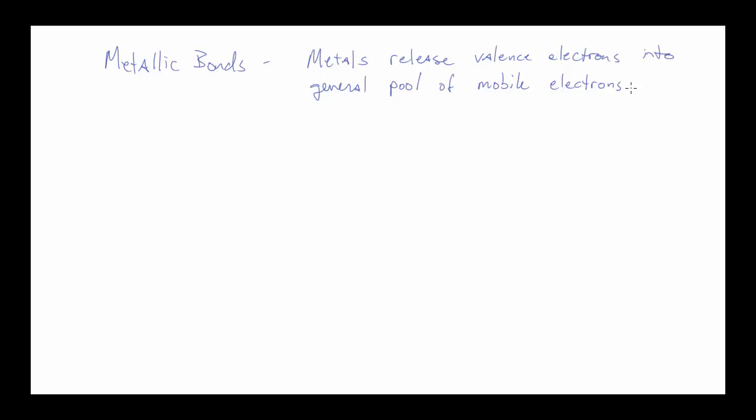It's very important to understand that those electrons are mobile and that what we're left with are positive cores that have a general non-directional attraction to all the electrons surrounding them. The other thing to make sure you understand is that metals are not releasing all their electrons. It's just the valence electrons that get released into this sea of electrons.